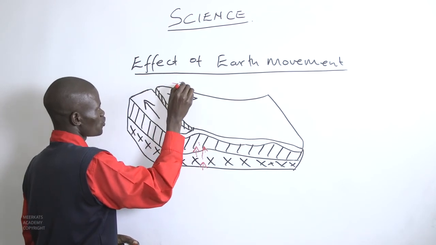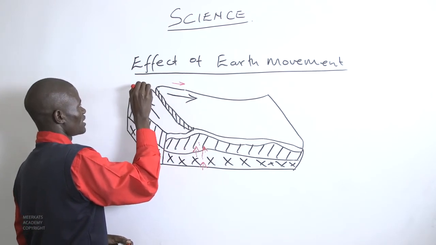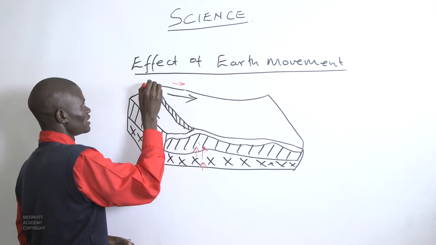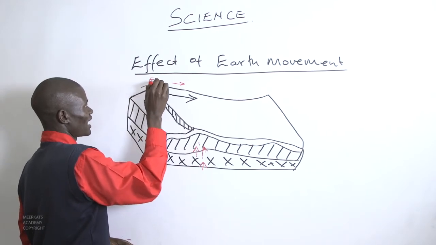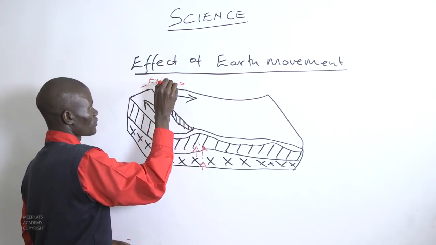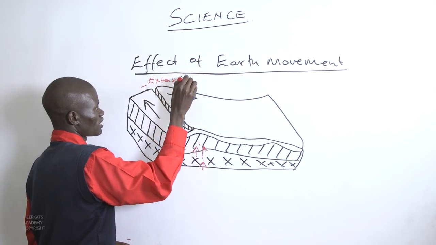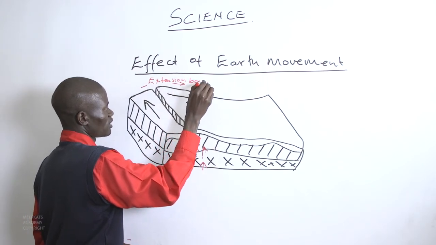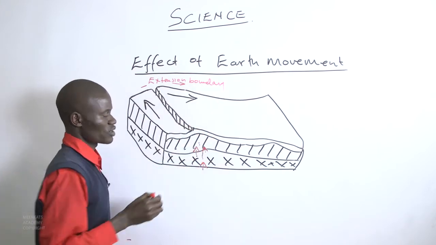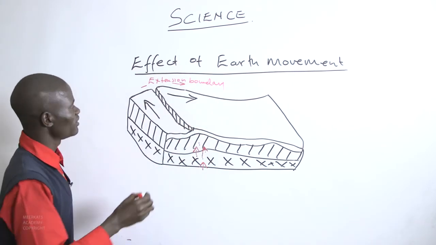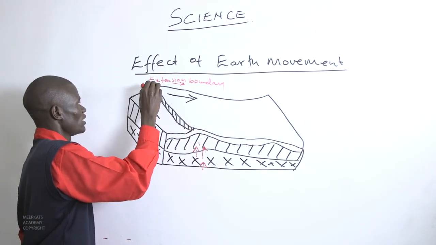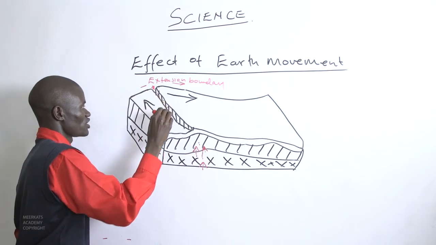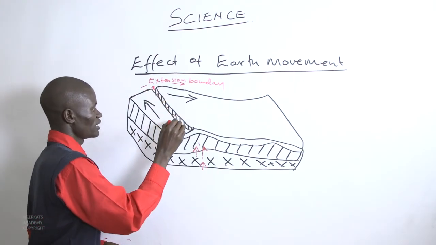As this one moves away from the other, and this one is sliding, it's going to create what we call an extension boundary. It is created around that area, found here around this region.